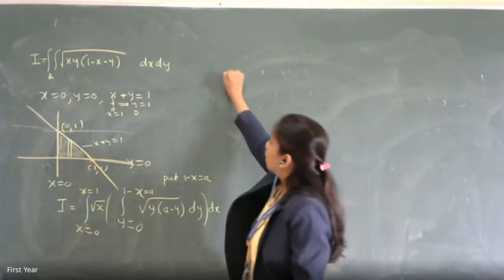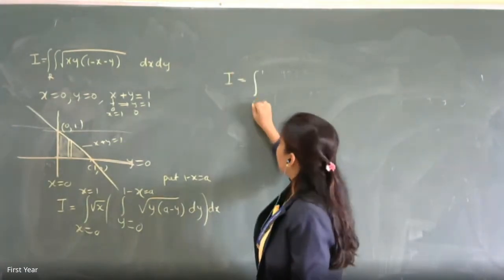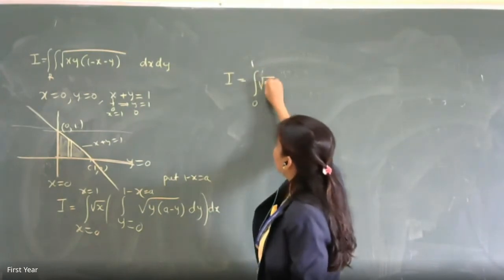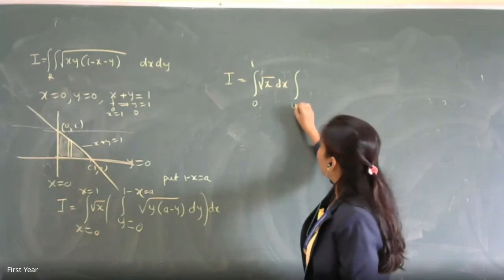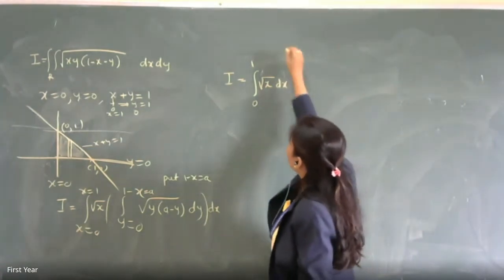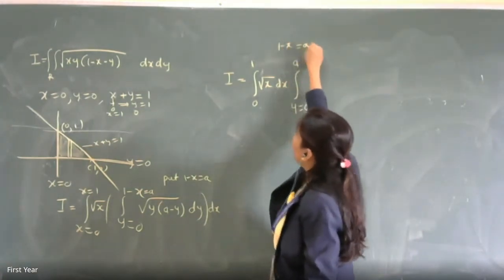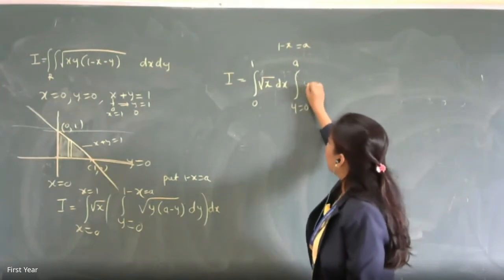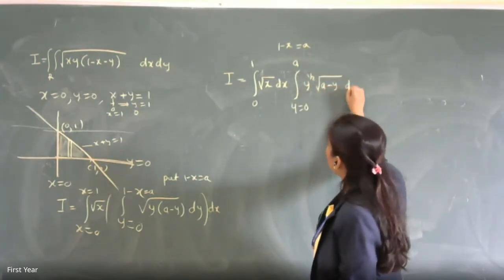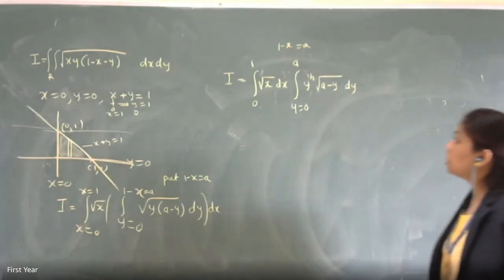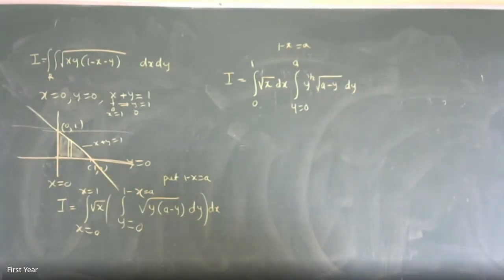So your I becomes equal to integration 0 to 1, root x dx, integration y is equal to 0 to a, where 1 minus x is a, of y raised to half into root of a minus y dy. Can you visualize this integration? Have you done this type of integration anywhere?